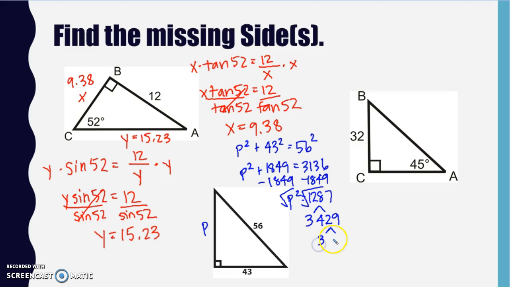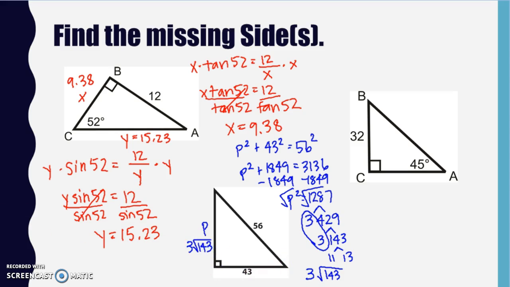So I've got 3 and 143. And then just because I've seen this number before, I know that 11 goes into it, and 11 times 13 equals 143. So I've got a group of 3's I can pull out. So I've got 3 times the square root of 143, 11 times 13. So my missing side over here, p, is 3 root 143.